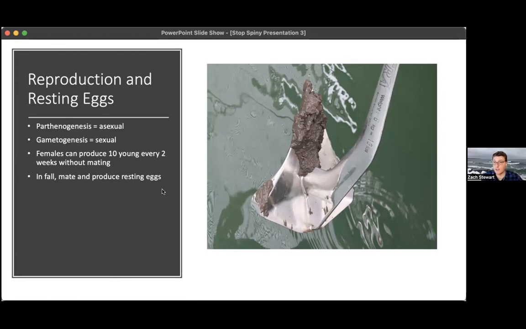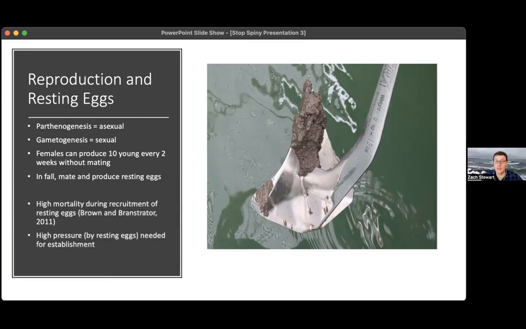So in the fall, they switch modes, they mate, and they produce resting eggs, which sink down through the water column and land in the sediment. Those resting eggs are very durable, and they sit down there in the sediment until the following spring, or sometimes for multiple years, until conditions are good, at which point they hatch and launch a new generation of spiny water fleas.